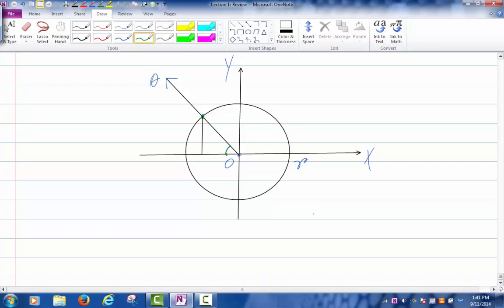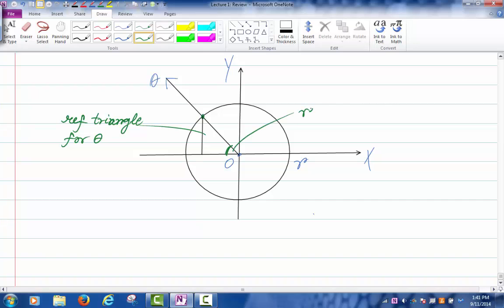This angle is the acute angle between the x-axis and the terminal side. Now there are names for them, right? Anyone remembers the names? This is called the reference triangle. The reference triangle for theta. And what's the name of this angle here?